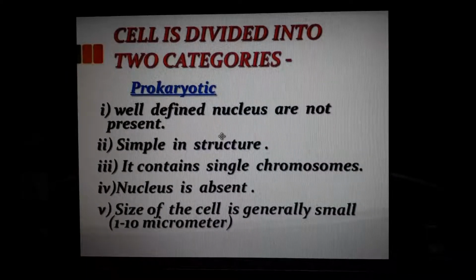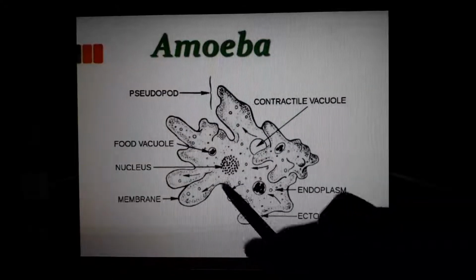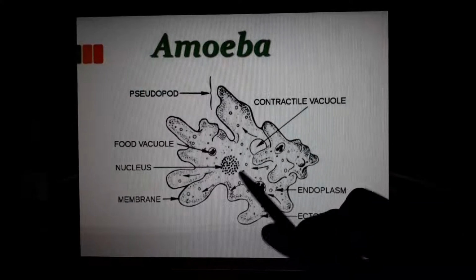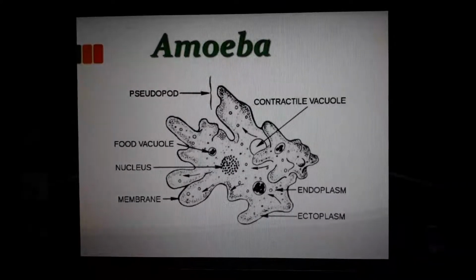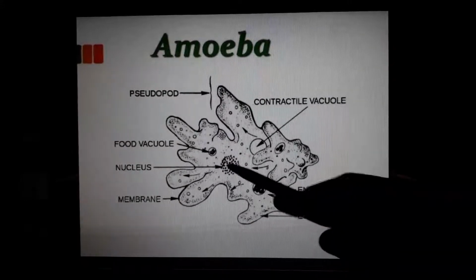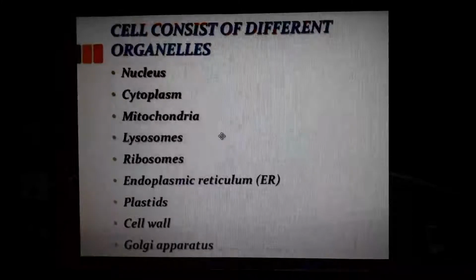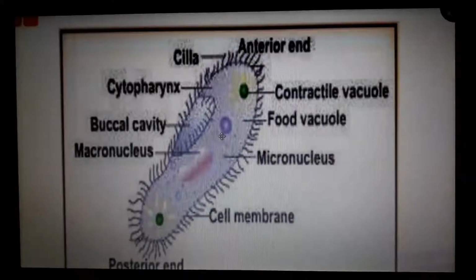We have seen in this paramecium, and in amoeba also, there is something special about the nucleus. It is not a single nucleus. It's a mixture of small particles that together form the nucleus. Here also, it doesn't have a defined shape.